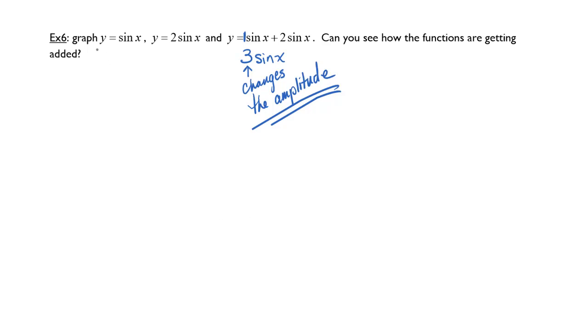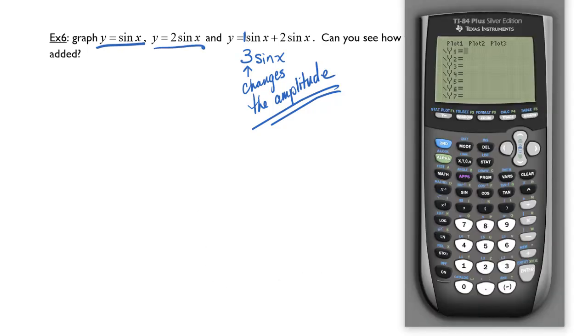You'll get the idea. If I graph sine of x and then y equals 2 sine of x, we will need to change our window substantially. The amplitude is 2, so to graph all of them, both the sine of x and 2 sine of x, on the same graphing window, we need to change our x dimensions.